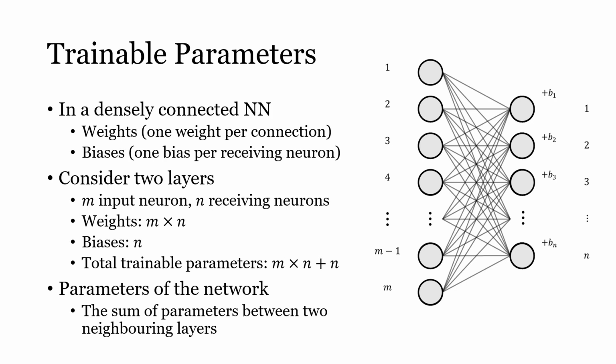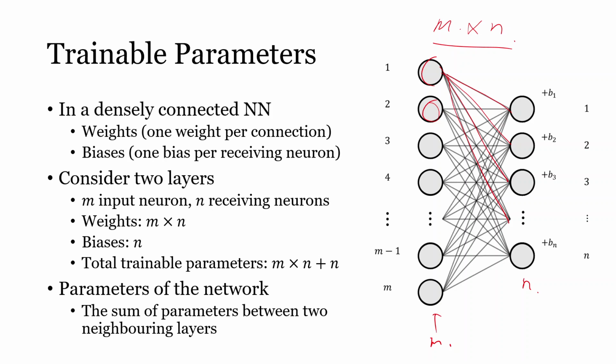Now, thinking about this neural network here, if we have M neurons here and N neurons in the next layer, it will be quite simple to calculate all the weights, because it will be just M times N. That's the number of weights. So basically, each connection here will have a weight that's used to weight the input that will be passed into the next neuron.